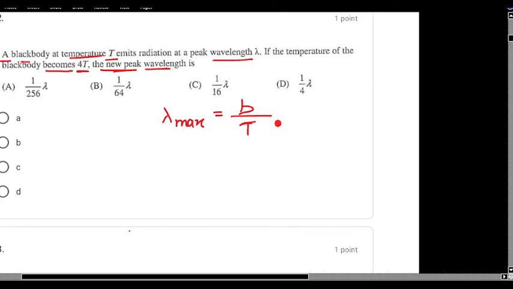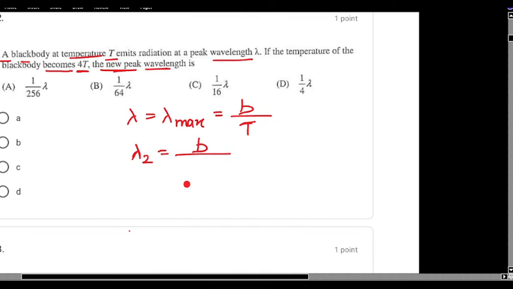They are providing lambda max equal to lambda. If we change the temperature to 4T, the wavelength will obviously change, so let's suppose it becomes lambda 2.